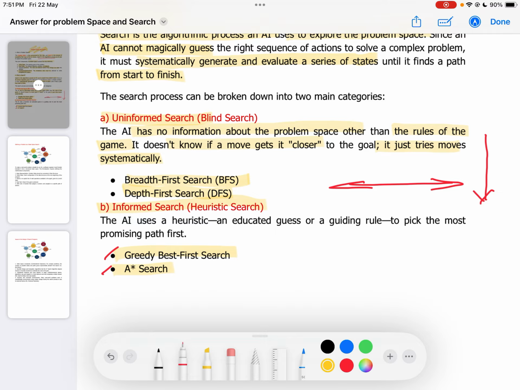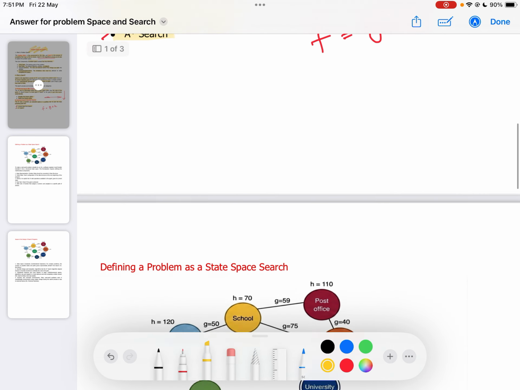Now this informed search uses a heuristic function, an educated guess, to pick the most promising path. It uses a function and the formula is G plus H. You will understand it as we talk.